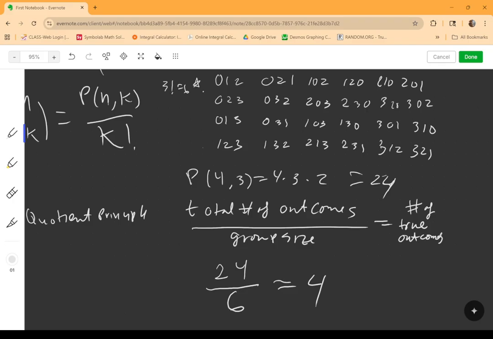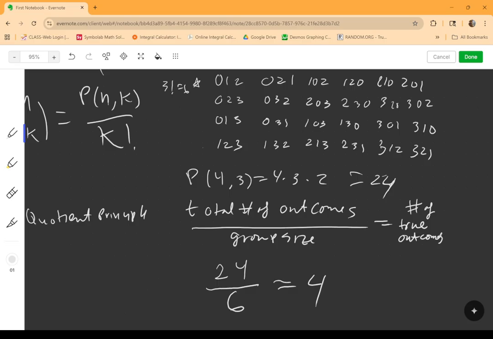And we see that we have 4 rows here. So the true outcomes are the subsets of those 3 digits, and there are 4 of them. Each one of those rows is related because they all contain the same digits across the row.